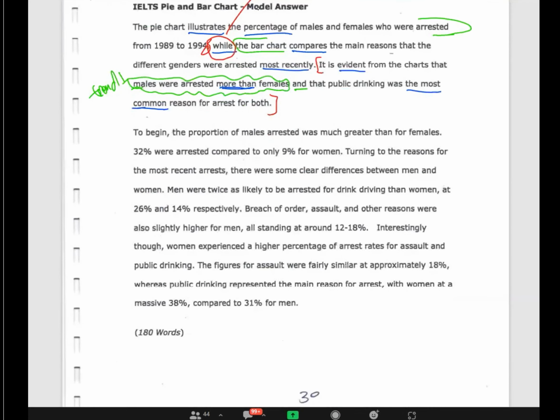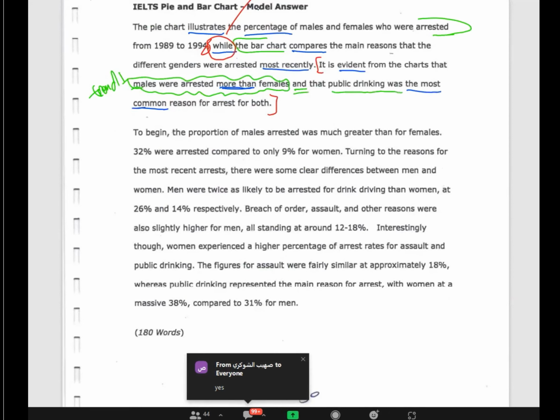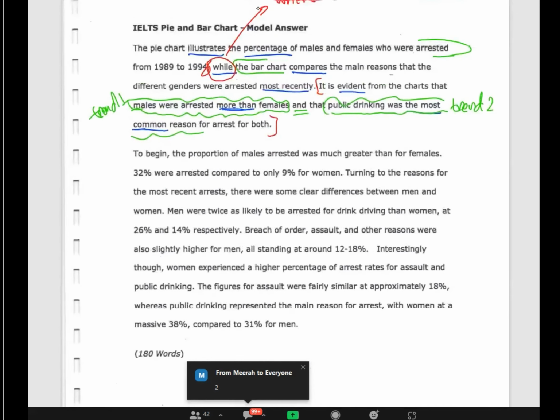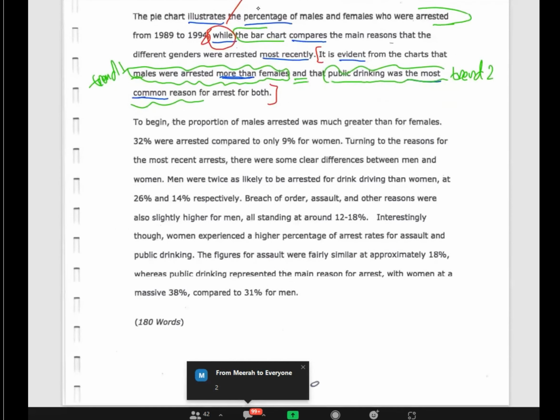And the second trend: public drinking was the most common reason for the arrest. This is trend 2. So that is all in one paragraph.